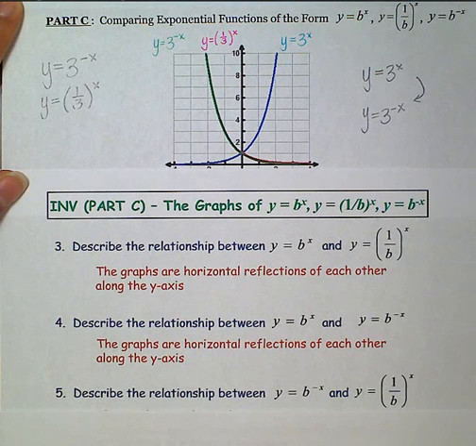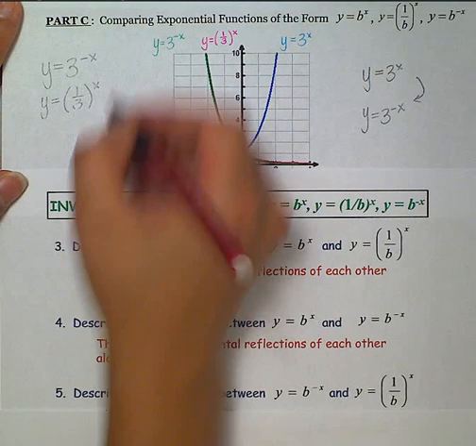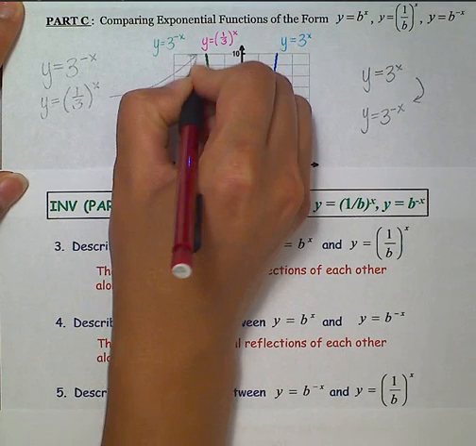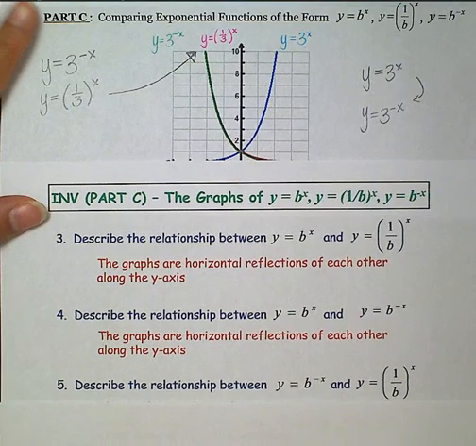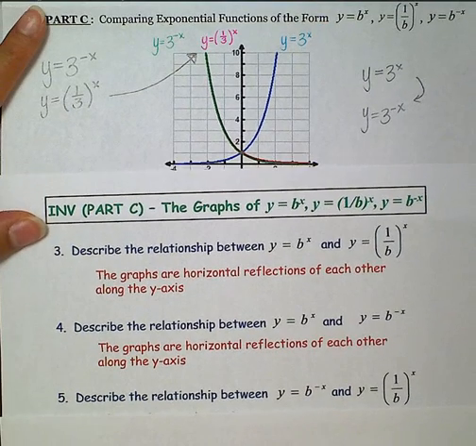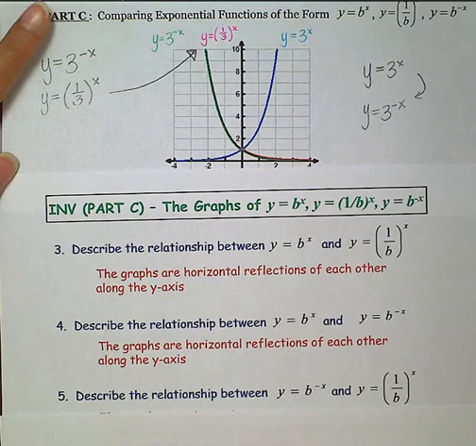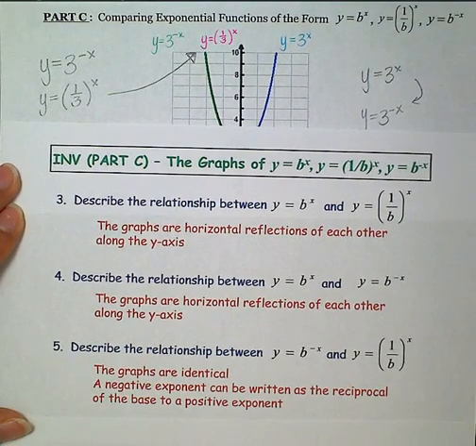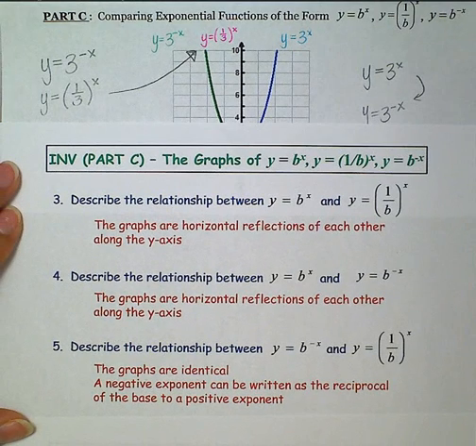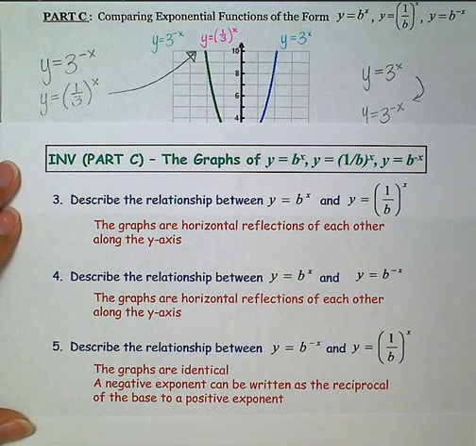So 1/3 to the exponent x looks exactly like the pink graph that I had before. So a horizontal reflection looks very similar to a function with a base that's less than 1. In this case, the graphs are identical. A negative exponent can be rewritten as a reciprocal of the base to a positive exponent.